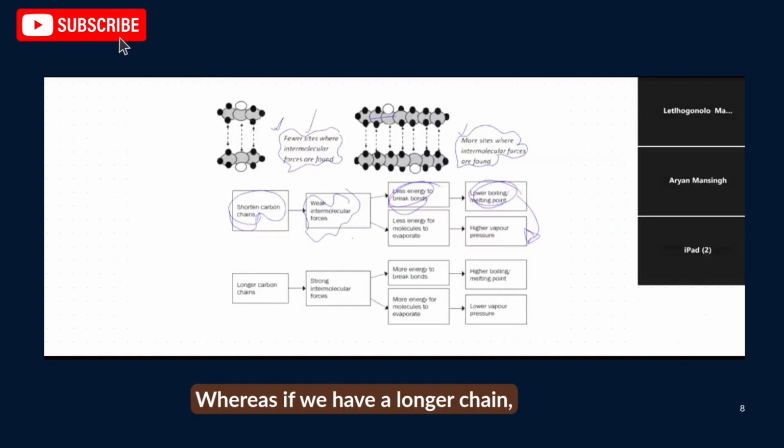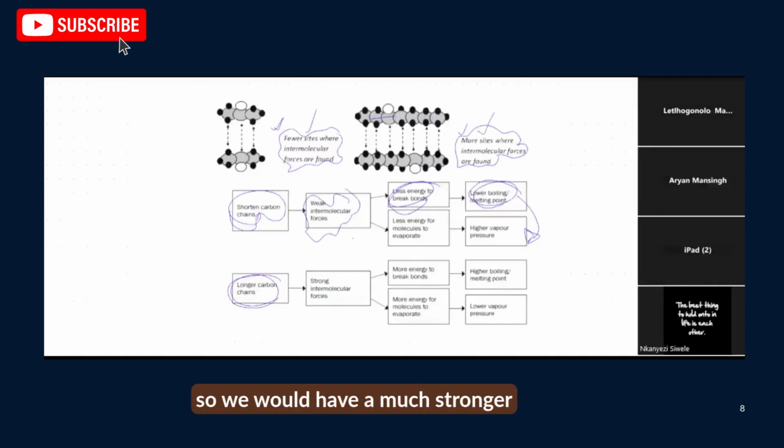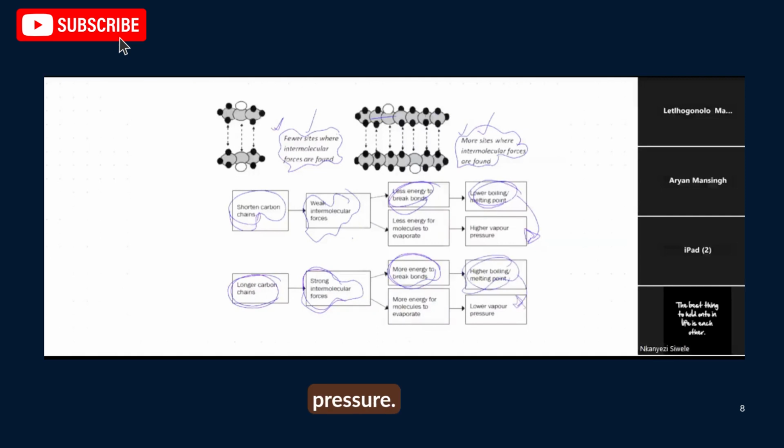Whereas if we have a longer chain, we can clearly see we have more sites for the intermolecular forces to take place. So we would have much stronger intermolecular forces, and that means we would require more energy, and that's why we have a higher melting and boiling point, leading us to a low vapor pressure.